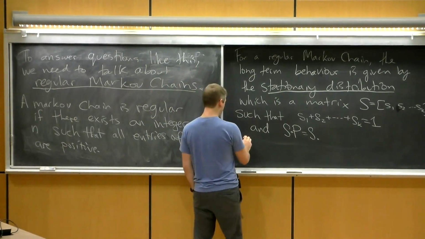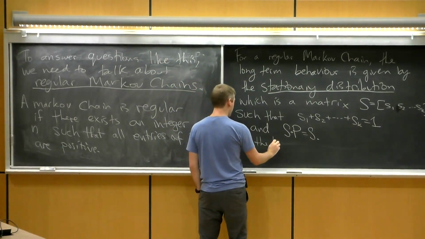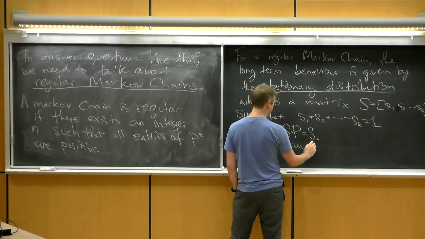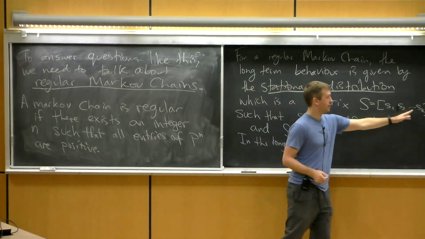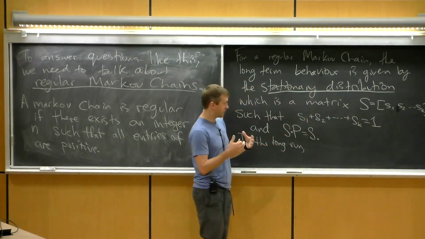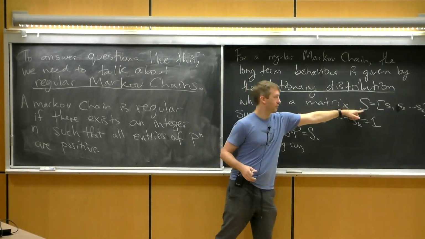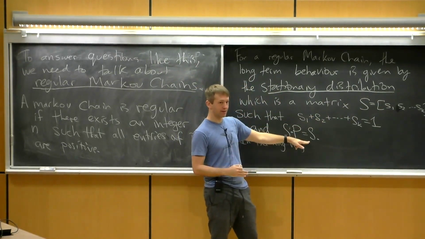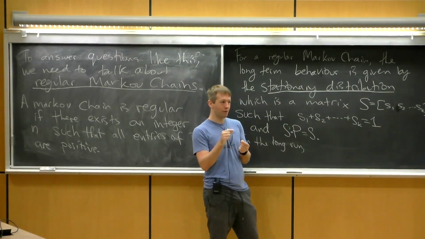So in the long run, basically what these values represent, just to back up, if there's a matrix S which has this property that the values add up to 1 and S times P equals S, then those values tell you the long run probabilities.